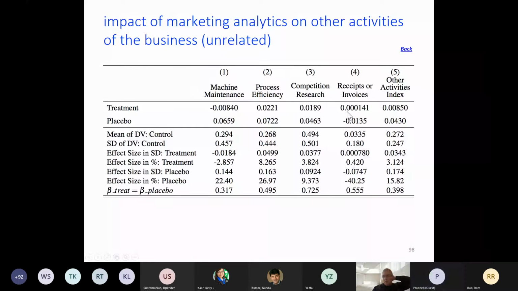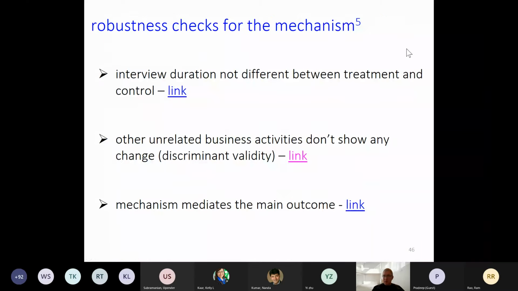Pradeep, a quick question. Yeah. So all these other activities did not change, but earlier you said something about their cognitive ability improving, their ability to engage in analytical processes and not listen to the gut reaction. So why is that not affecting the unrelated processes?